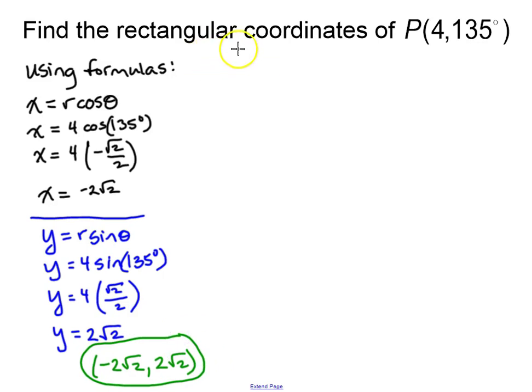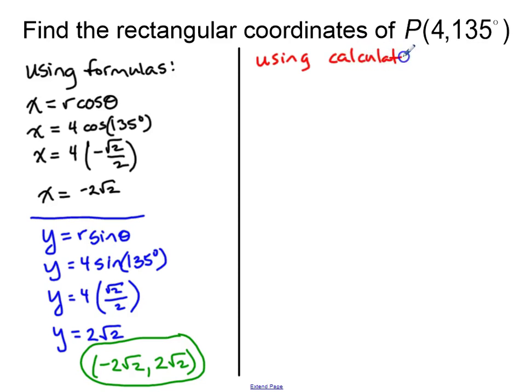All right, so we're going to draw a little line down our paper here, and we're going to show you how to do it with the calculator, because you can also get a good check from using your calculator's polar conversion features. So using calculator. I'm going to show you some screenshots here, and hopefully you can make some notes about the menu that you'll want to use.